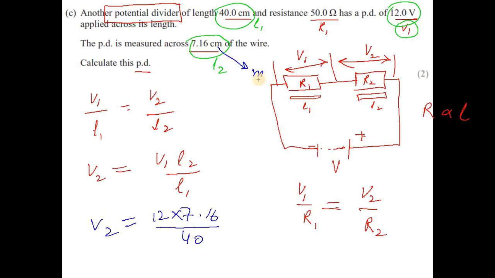Why is that? Because we have L2 upon L1. We are dividing two lengths, so the unit doesn't matter. You use meter or centimeter, your answer will be the same. So if you solve this, your answer will be 2.15 volt. This is your V2.